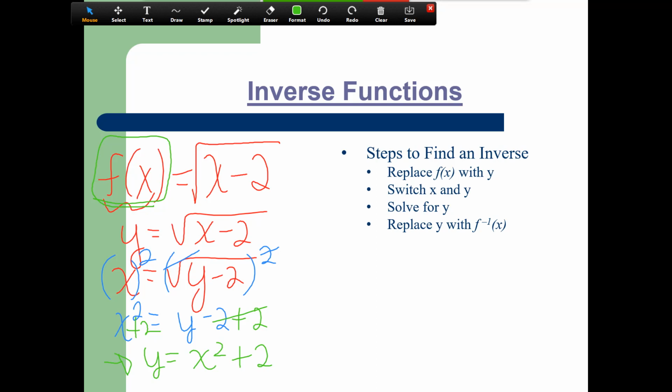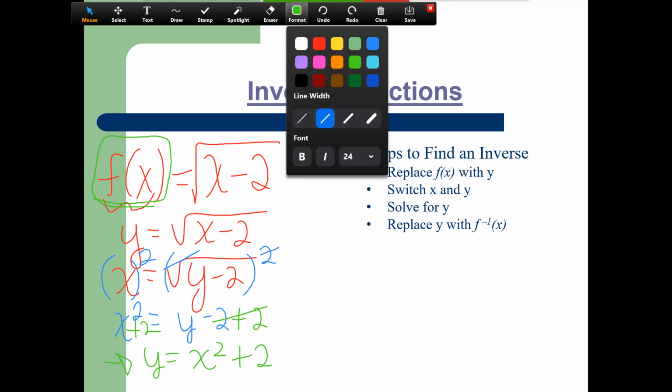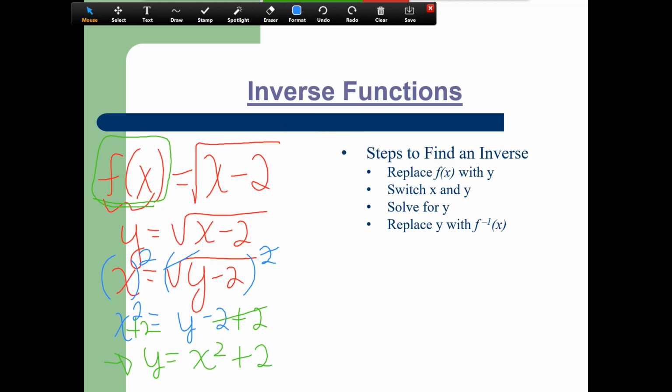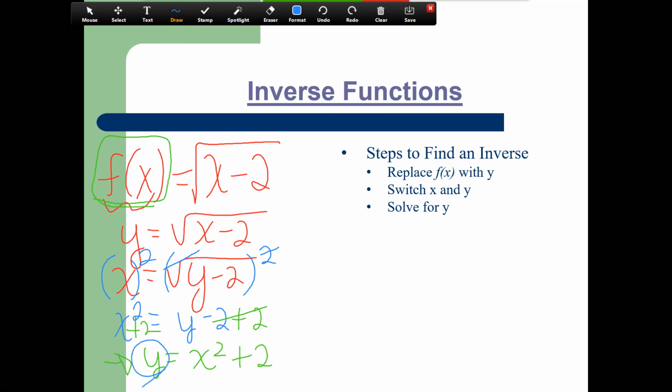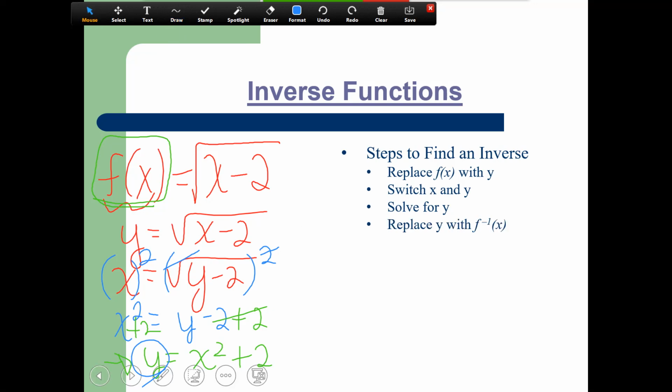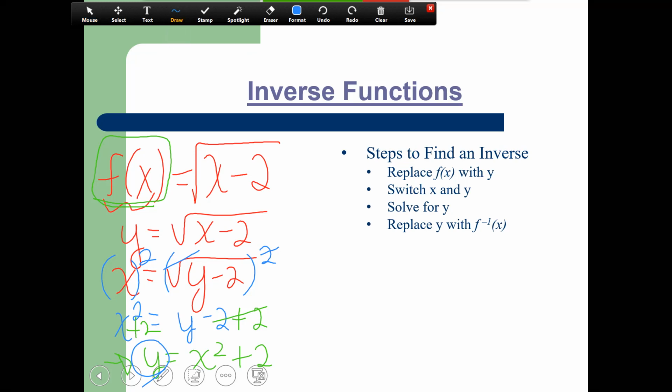And so to have this in our proper notation, we're going to replace this y right here with inverse of f of x equals x squared plus 2.